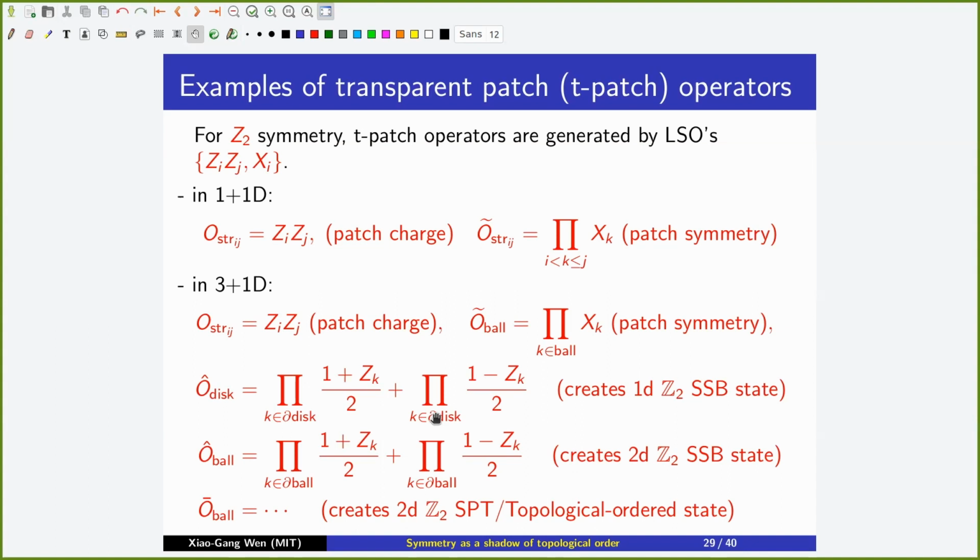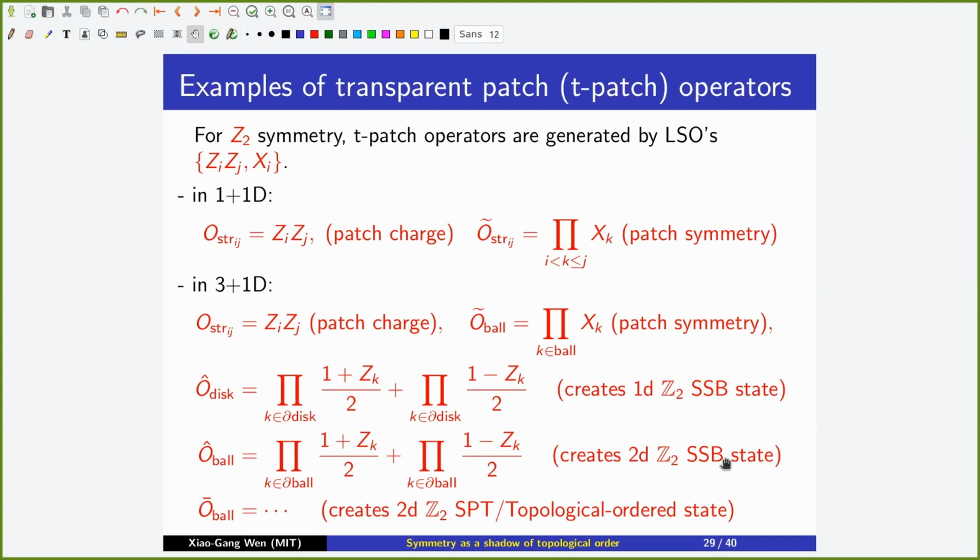Okay. So it turns out that those operators are important. They are also part of the story of this transparent patch operator. Similarly, we can do the same thing for the ball, which is an empty ball. But the ball has a two-dimensional boundary, and this operator produces a two-dimensional symmetry breaking state on the boundary.